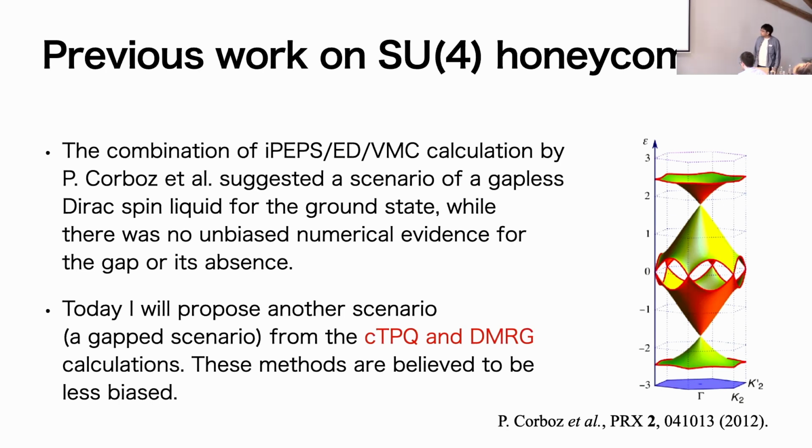So today I will propose a different scenario from Philippe Corboz. My scenario is a gapped scenario, and this was supported by the calculations of CTPQ and DMRG. These methods are relatively less biased than other methods like variational Monte Carlo. So in this sense, I believe that our results are better.